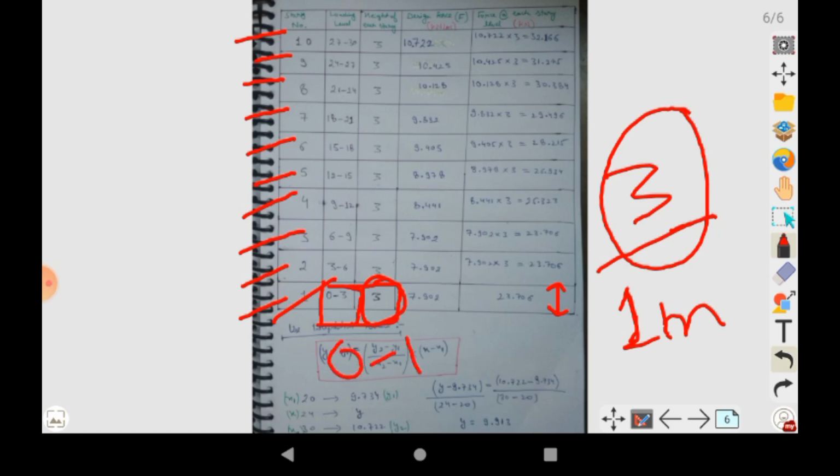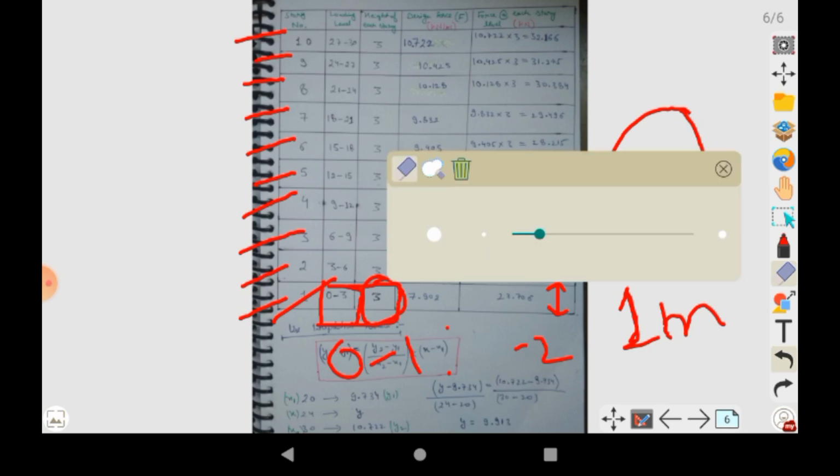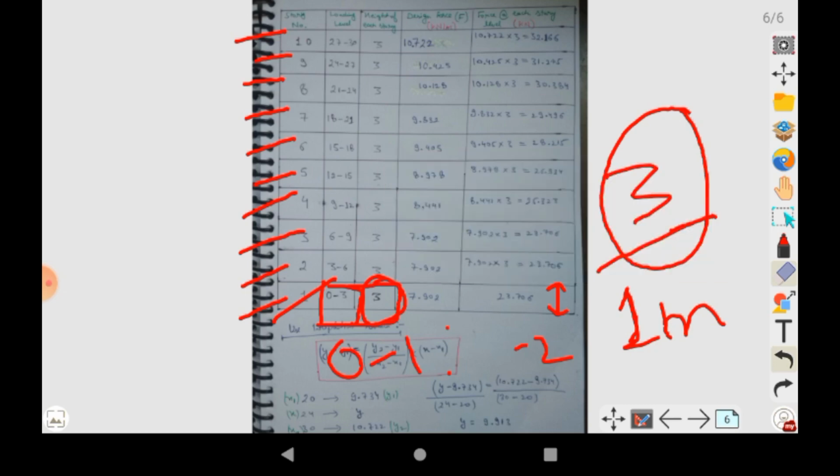The second one is having 1 to 2. Let me just erase it for you. The first level is 0 to 1, the second level is 1 to 2, and the third level is 2 to 3.